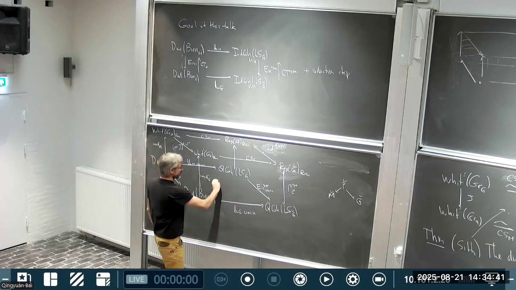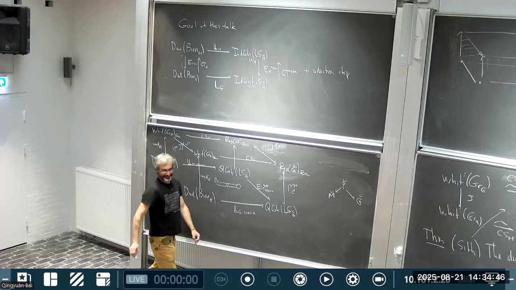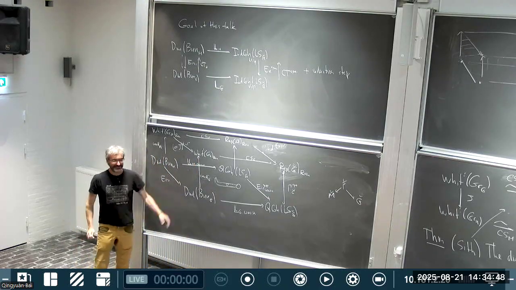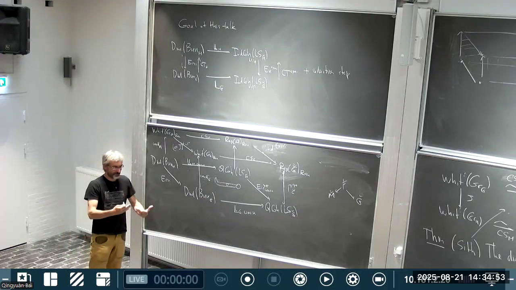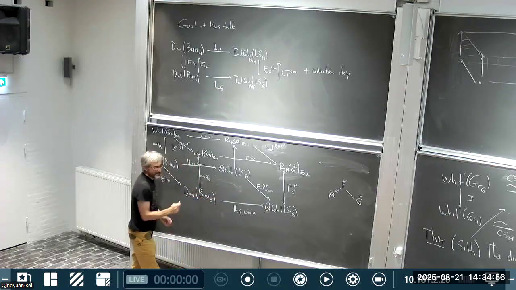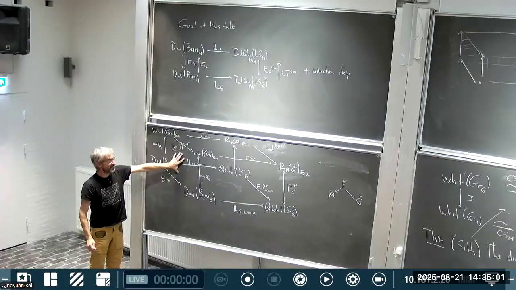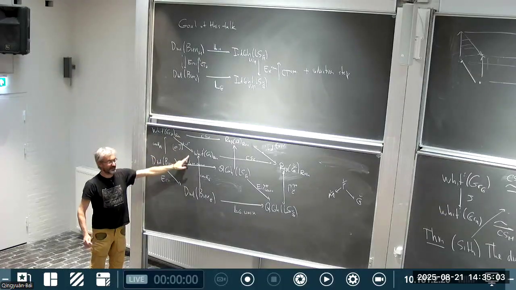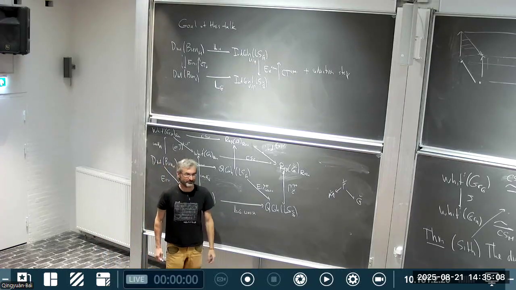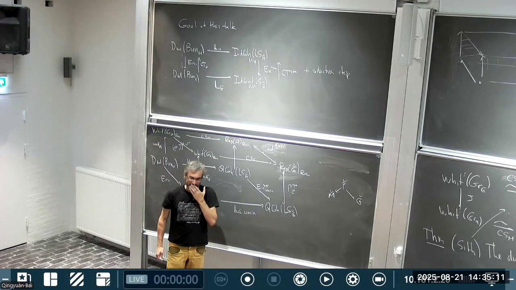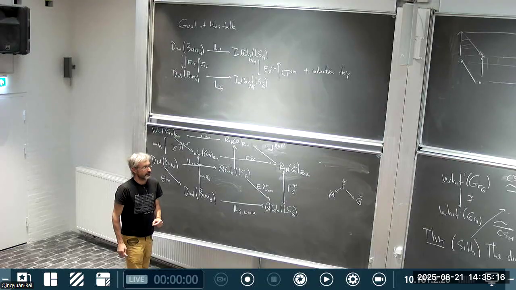So this is the geometric line. What's the functor from Rep G-check to Rep M-check?